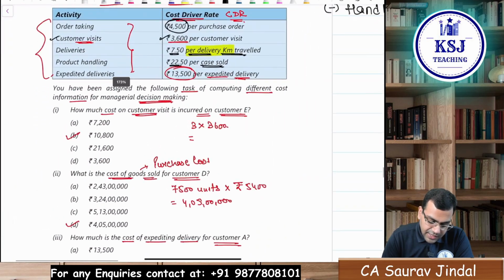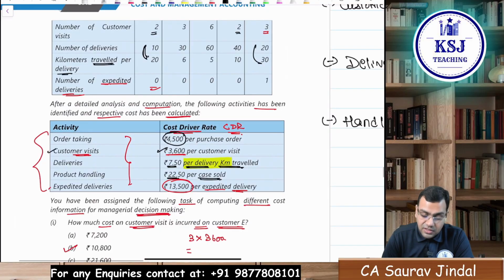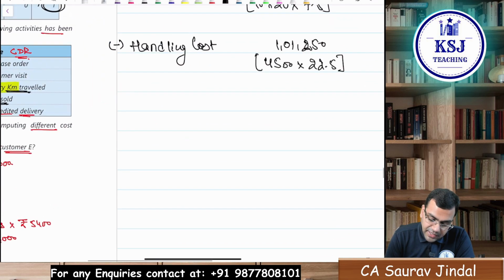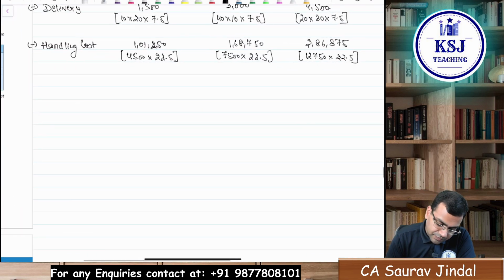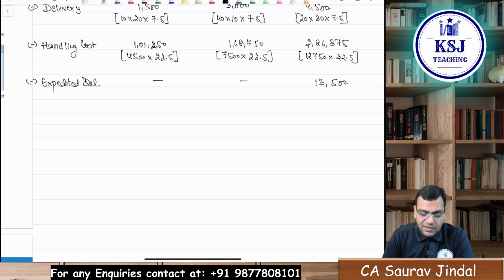Last one, the expedited delivery is 13,500 per delivery, and see the customer for whom it is being done. It is only being done for customer E. Right, so expedited delivery cost, minus expedited deliveries, that is 13,500, because there is one delivery only, so 13,500 per delivery.